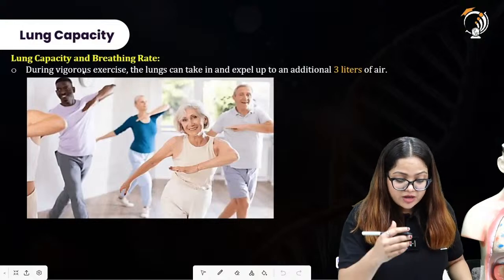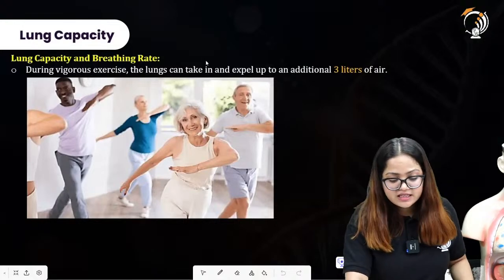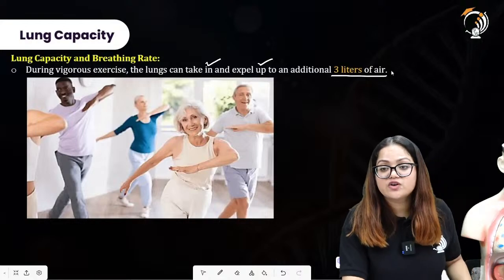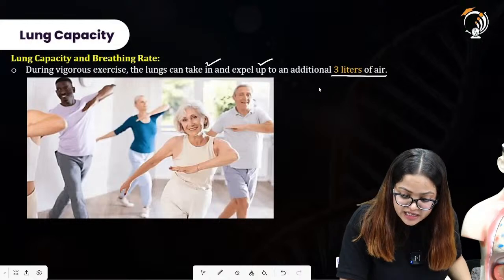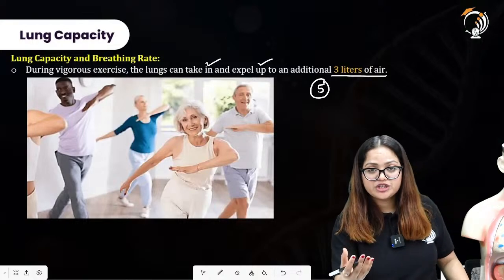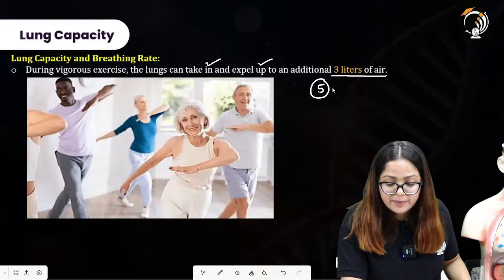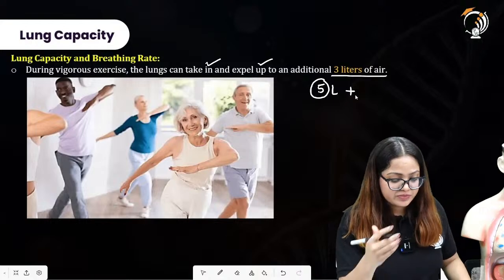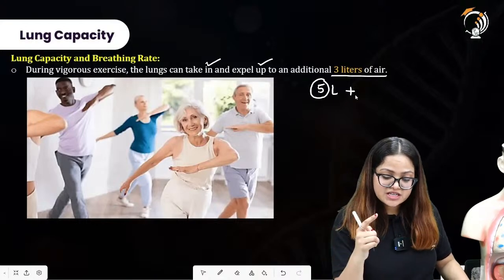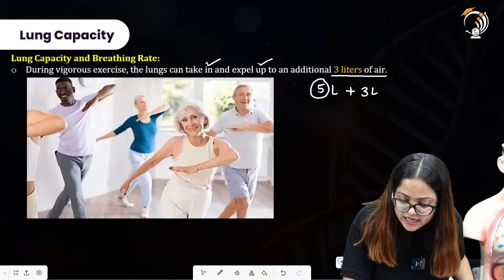When we are performing vigorous exercise, the lungs can take in and expel up to an additional 3 liters of air. Normally we have 5 liters of capacity, but during physical activity it adds up 3 liters of air as well.